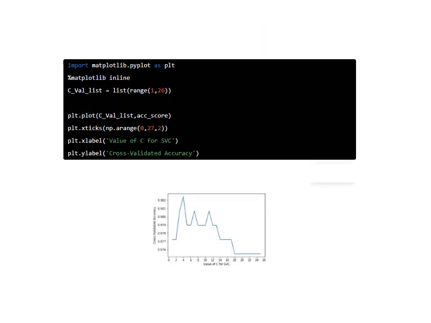Let's visualize the above. From the plot, we can see that the accuracy reaches close to 98%, somewhere between C equal to 4 and C equal to 5, and then it drops.